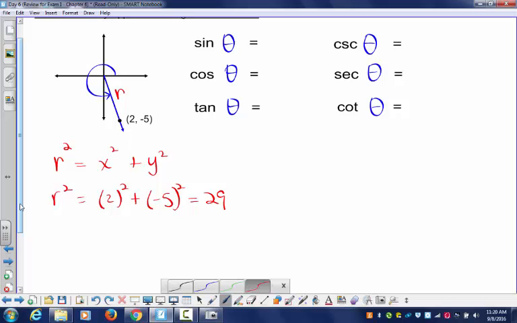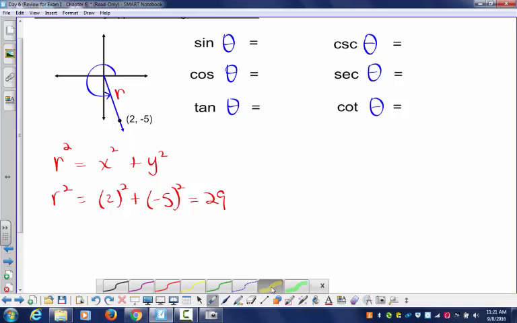Points of caution, remember that when you're squaring a negative, make sure you wrap it up. If you want that -5 to square, you have to put the -5 in parentheses. If you don't put parentheses, the power of 2 does not touch that minus sign.